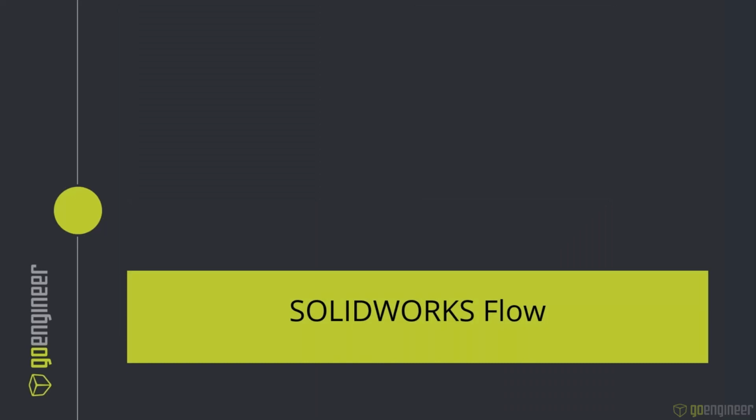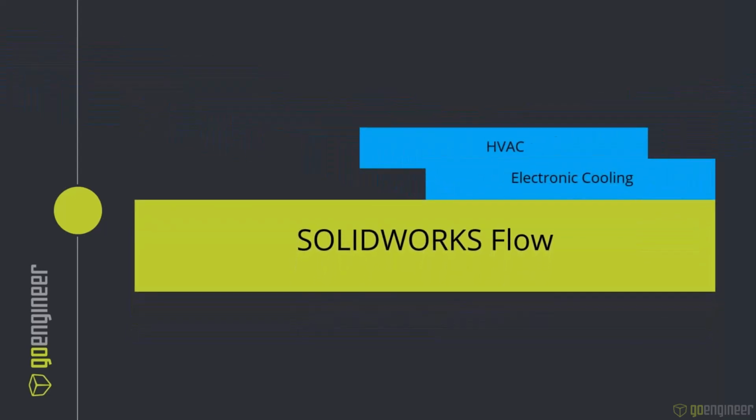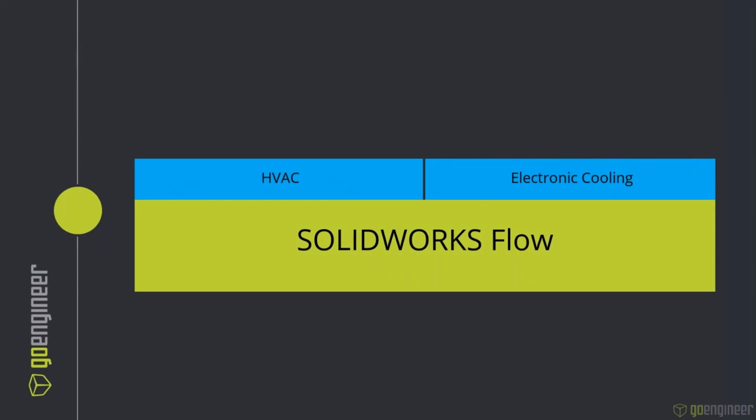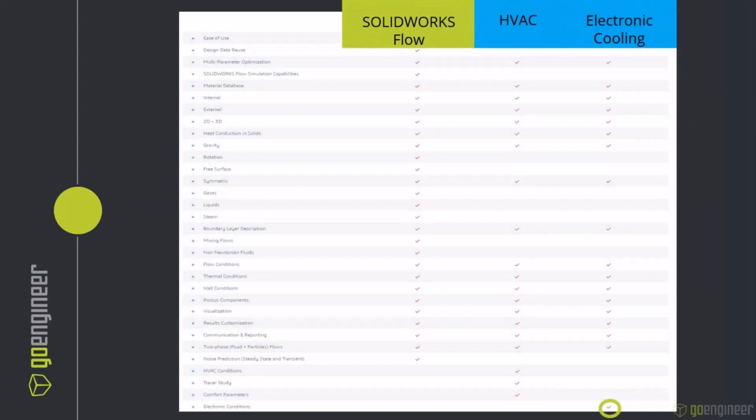Again, just to reiterate, SOLIDWORKS Flow works as an add-in to SOLIDWORKS. We can add on additional capabilities by adding on the electronic cooling module or the HVAC module. We're going to be focusing on the electronic cooling module today. These are the tools that are available with SOLIDWORKS Flow.